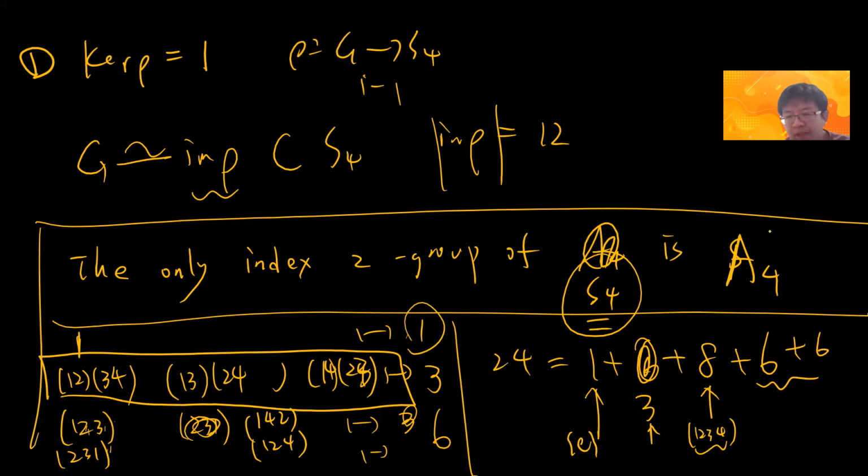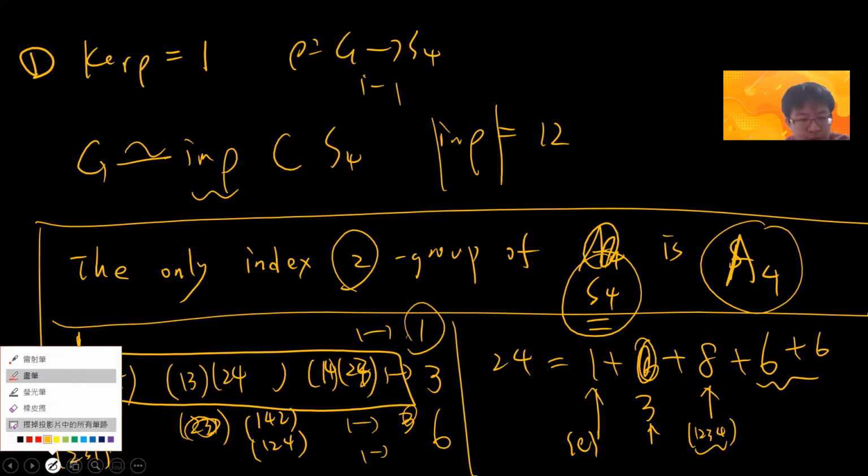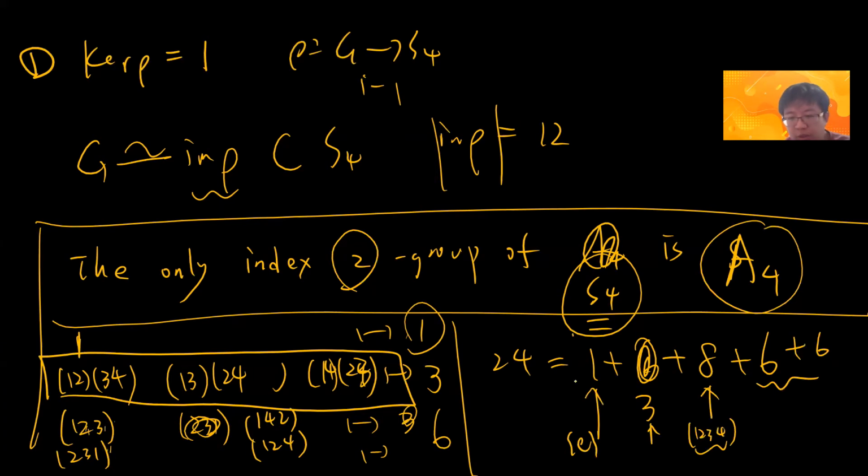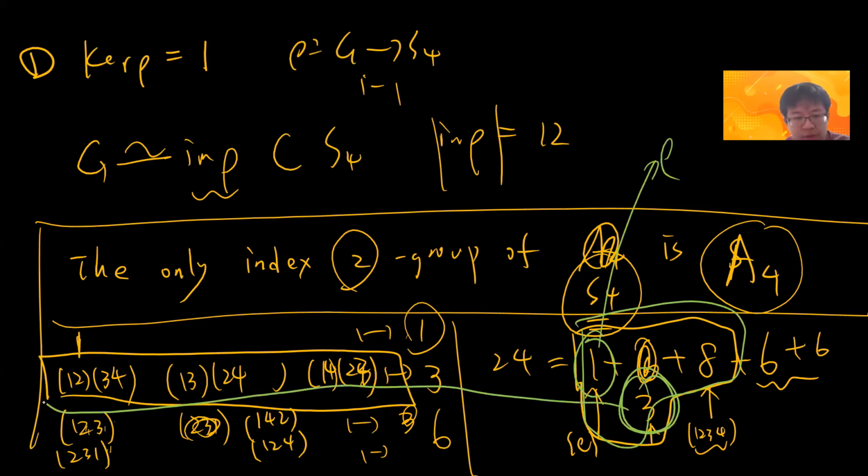Okay. So now A4 is a normal subgroup of S4 because it has index 2, right? If a normal subgroup contains one element, then it must contain all the conjugate elements. So that means you need to find something which contains 12 elements in total. The only one which contains all 12 elements is this one. It must contain the identity, and also the 3 elements 1, 2, 3, 4, 1, 3, 2, 4, 1, 4, 2, 3.